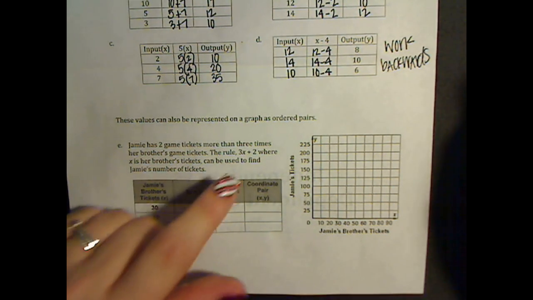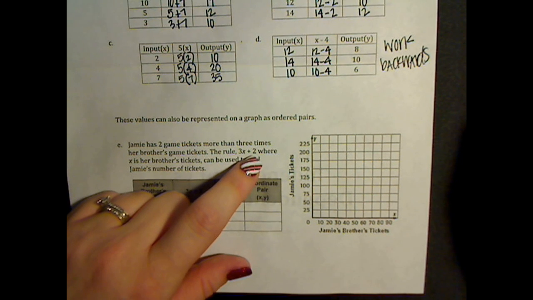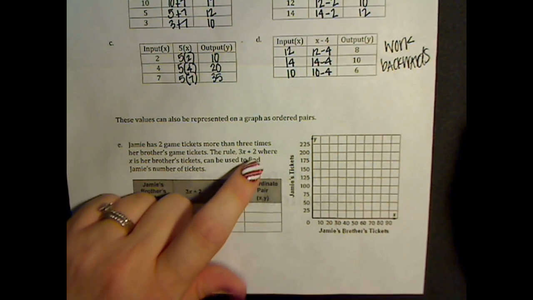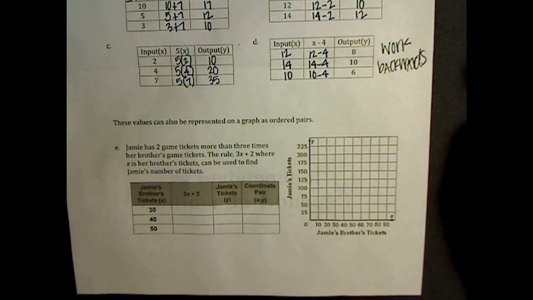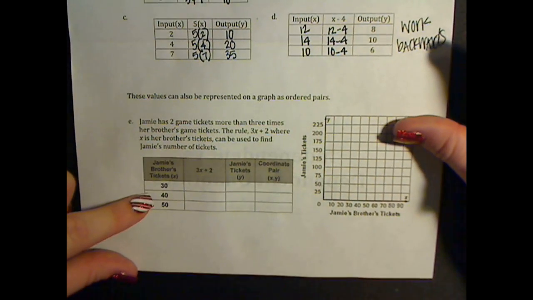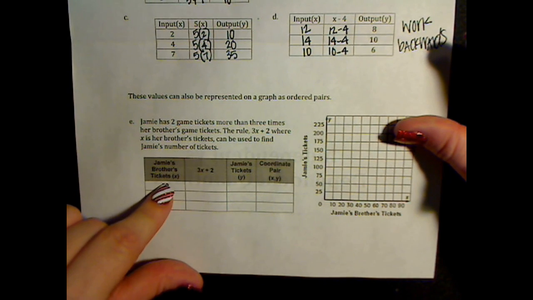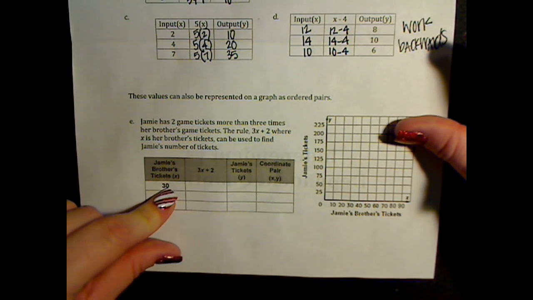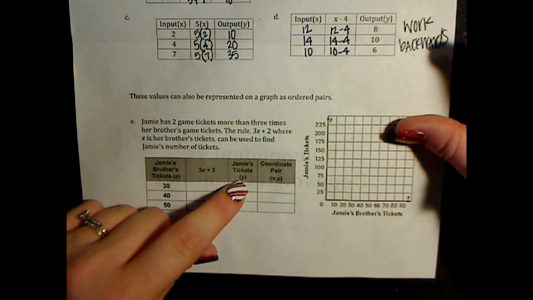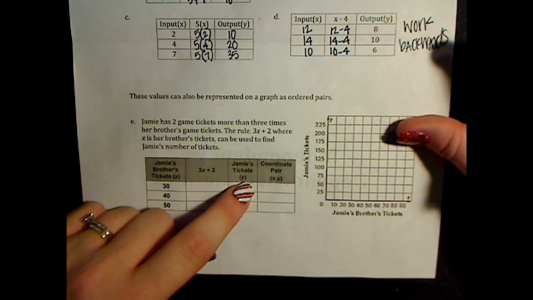The rule, 3 times X plus 2, remember a number next to a variable means to multiply, where X is her brother's tickets, can be used to find Jamie's number of tickets. So here's her brother's tickets. We're going to plug our X values, our input or independent values, into our rule to get our output, or Y's, or dependent values.